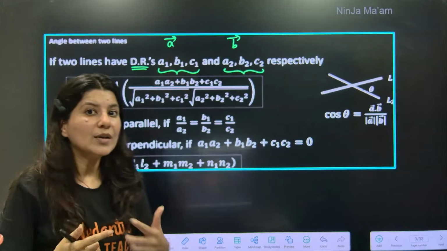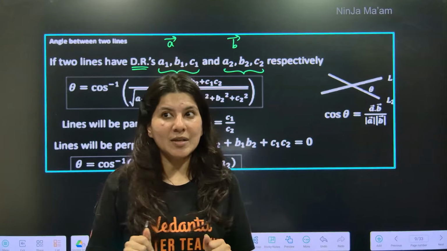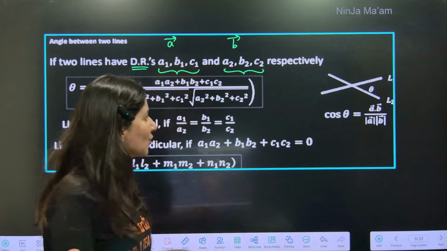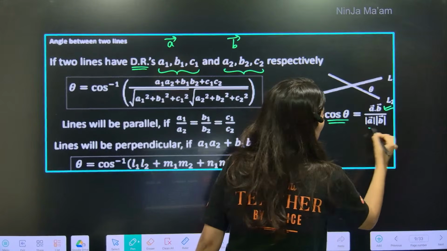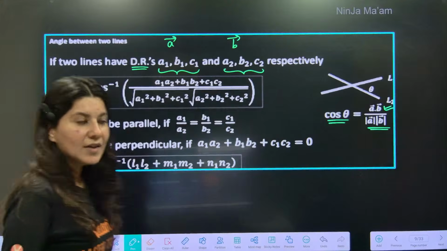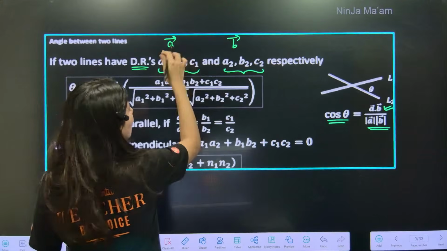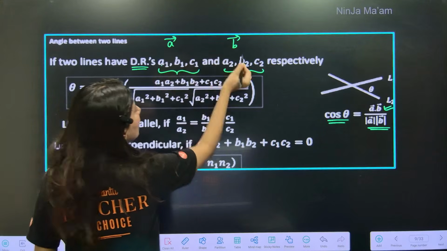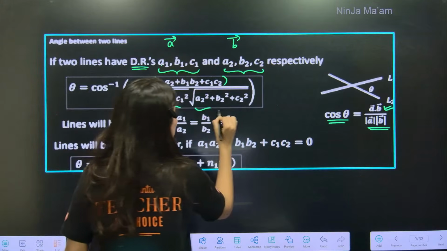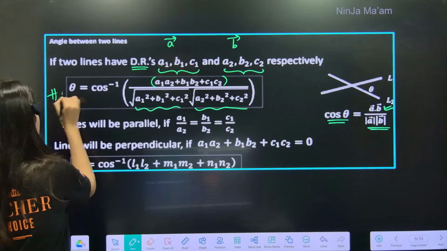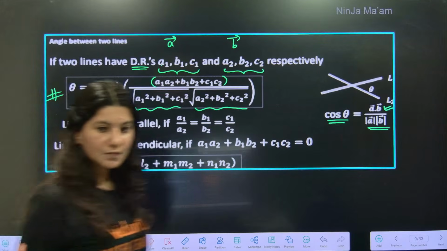How would you calculate the angle between two vectors? Tell me. You have studied this in physics also. Angle between two vectors: cos theta is A dot B upon the product of magnitudes, right? So it is the dot product A1 A2 plus B1 B2 plus C1 C2 in the numerator, upon the magnitudes in the denominator, and this will be cos theta. Okay? Alright.